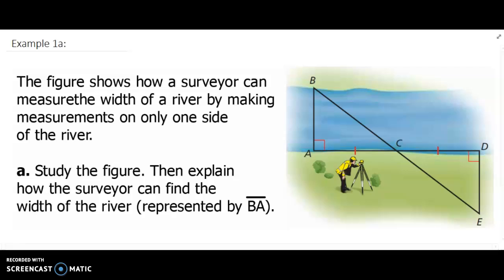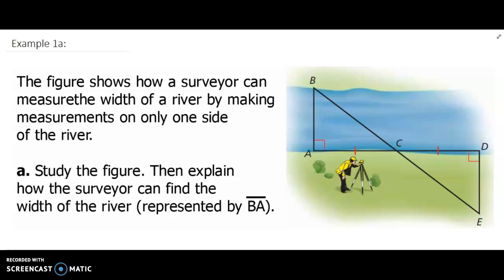All right, surveyors actually use these types of methods for a while. So let's think of this. It says the figure shows how a surveyor can measure the width of a river by making measurements on only one side of the river. So what it's saying is he can tell how wide the river is without ever crossing the river or directly measuring across the river.